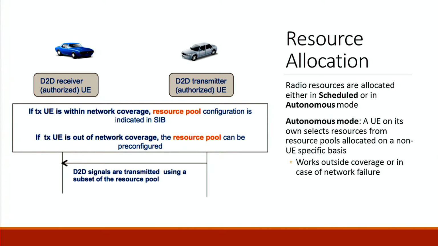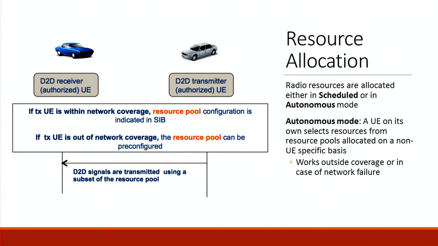Because the operators don't like, not the operators, sorry, the automotive manufacturers. Every time you tell them, okay, there may still be the chance that they are using the same resources. Why are they using the same resources? Because once you are out of coverage, there's no way you can tell all the users, all the cars out of coverage to use a different set of resources.